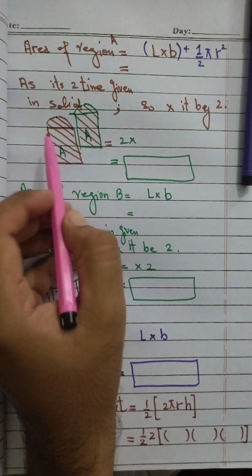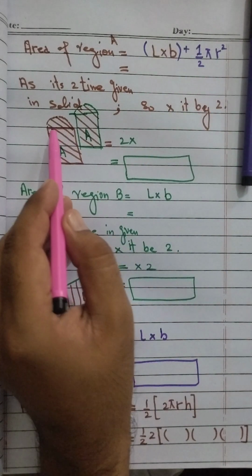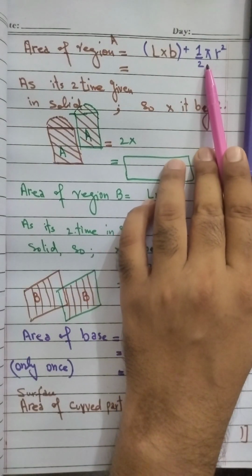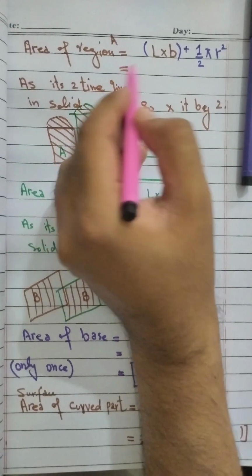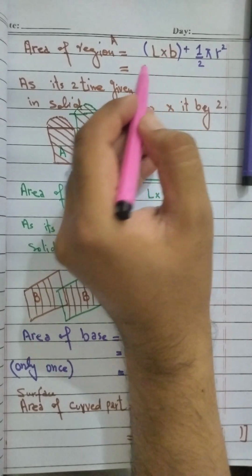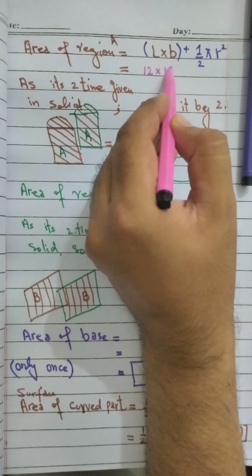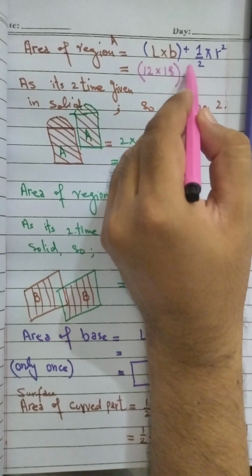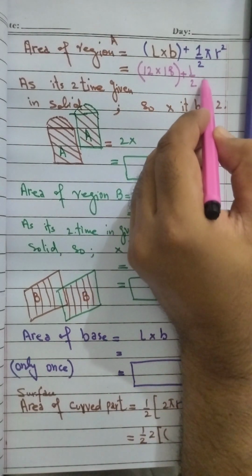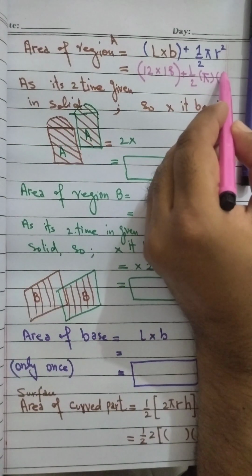As it was a rectangle, we will write the rectangular area, plus the above one is a half circle, so we write the half circle area formula. The length of this thing is 12 multiplied by breadth 18, plus half, pi as it is, and the radius of this circle was 6.